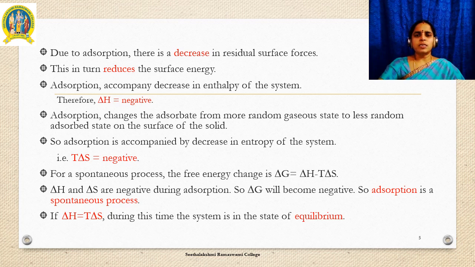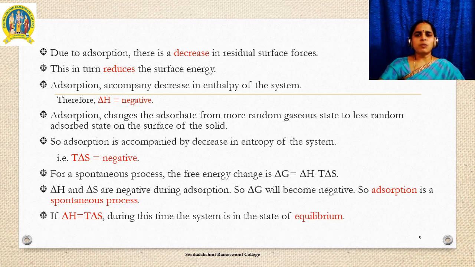We all know that the change in free energy of a system is expressed by the equation delta G equal to delta H minus T delta S. If delta G is negative, the process is called a spontaneous process. If delta G is positive, the process is called a non-spontaneous process.